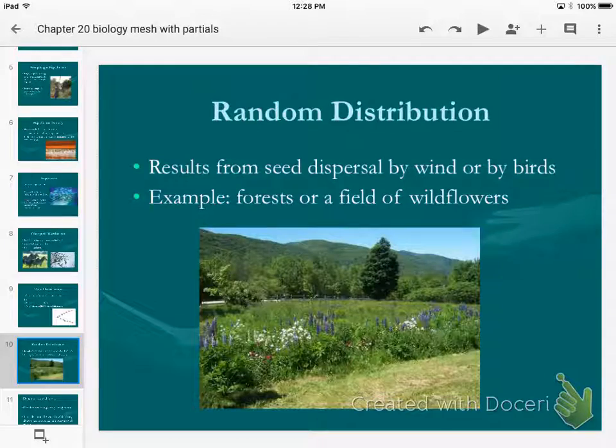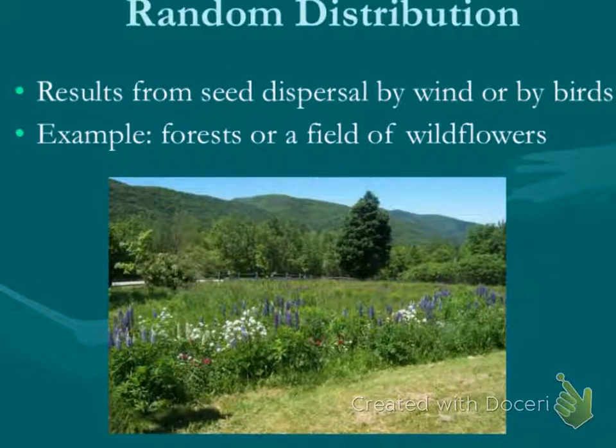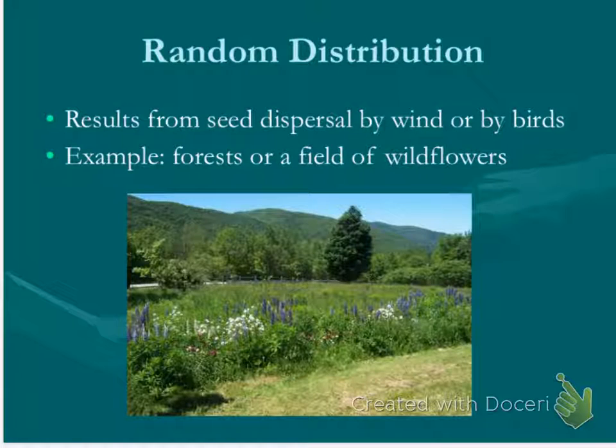And the last one is the most unusual. This is random distribution. So you remember we talked about random mating, and what kind of organisms did we say did random mating? Plants, where you have like wind-blown pollen. Random distribution is also really only common in plants.